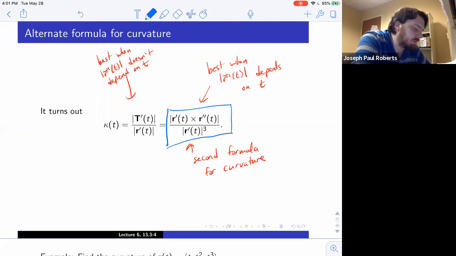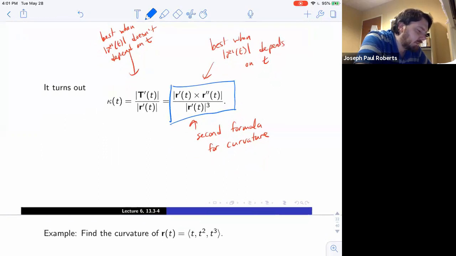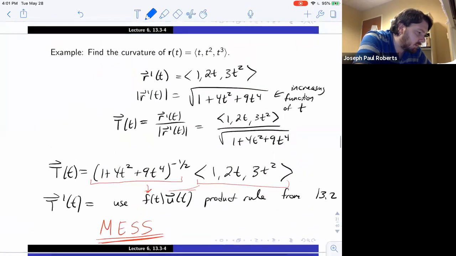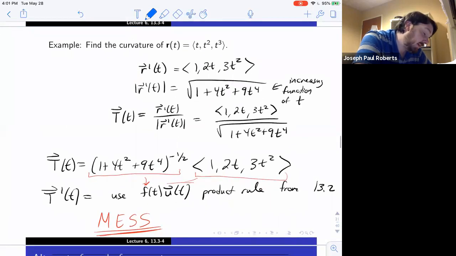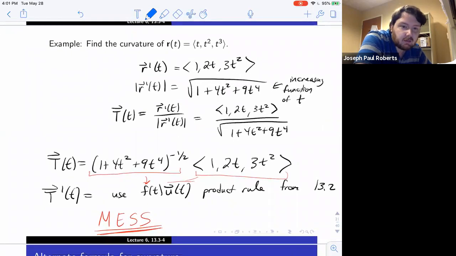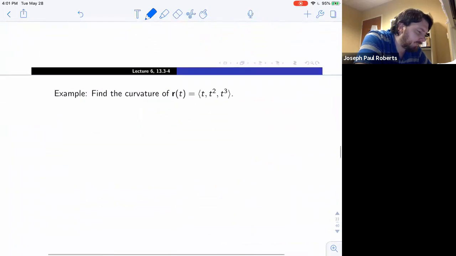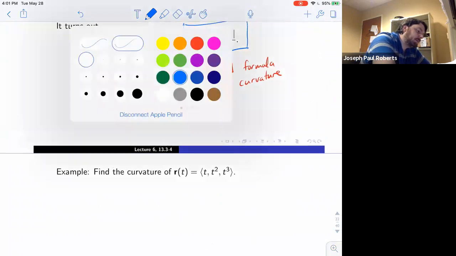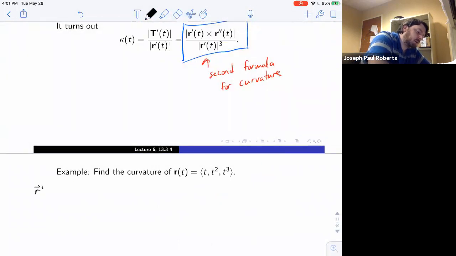So I'll show you where this formula comes from in a second, but let's use it on that same curve that we wussed out of completing here. We did not feel like getting our hands that dirty for this. T prime of T is awful for that. So let's use this new formula here. Okay, so I've got to get r prime, which is the same 1, 2t, 3t squared.